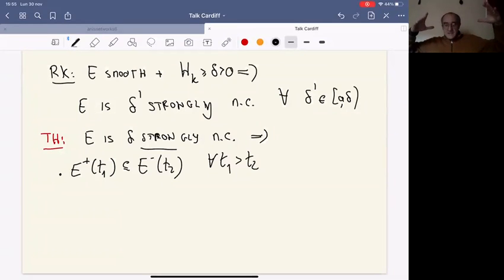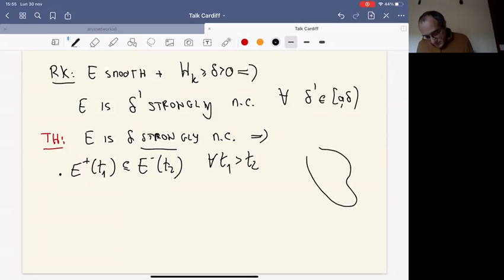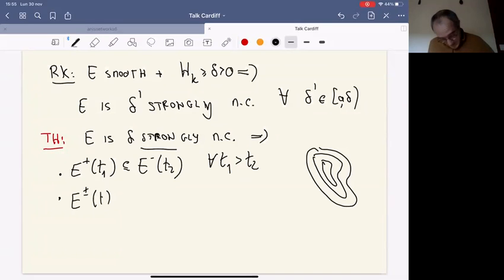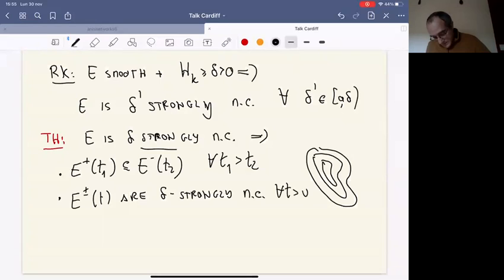So there is again this property that the evolution is always contained, and E plus and minus of t maintain the same inequality. They are delta strongly mean convex for all t greater than 0.